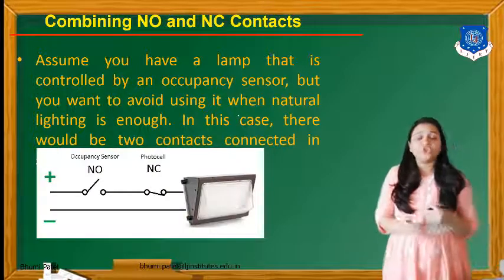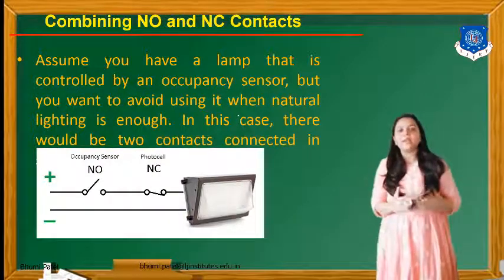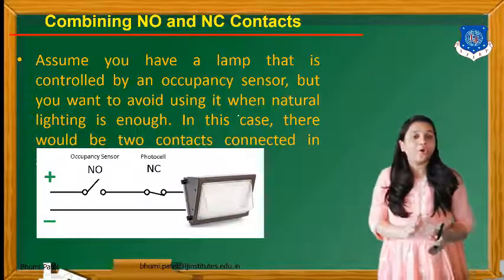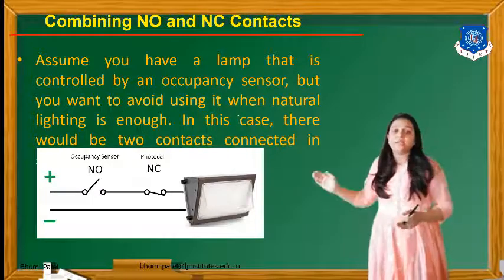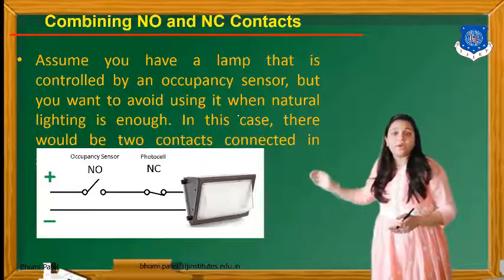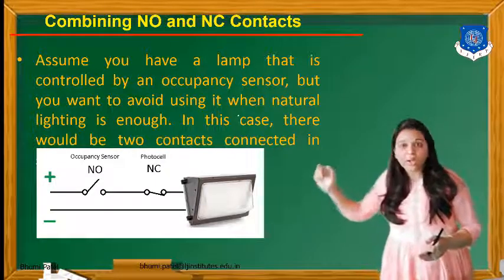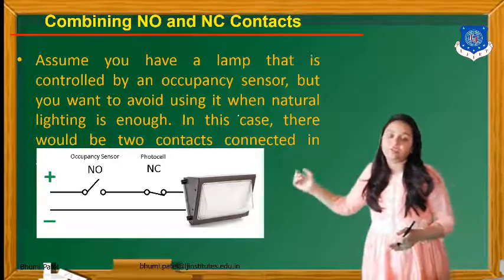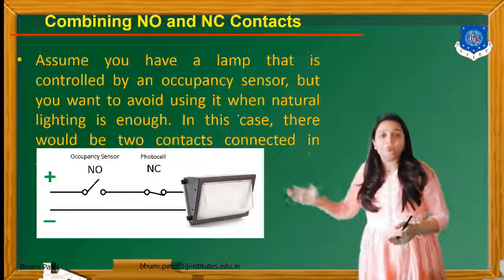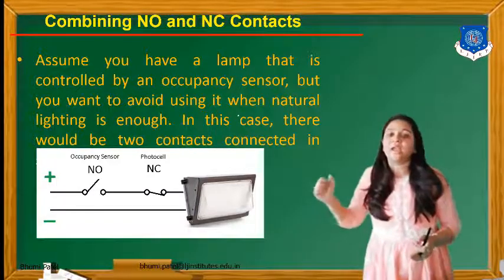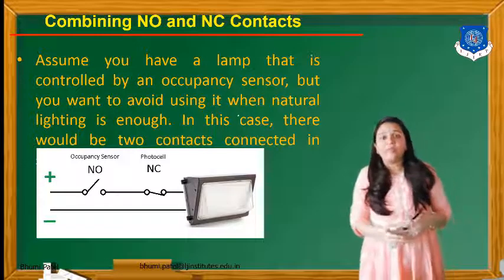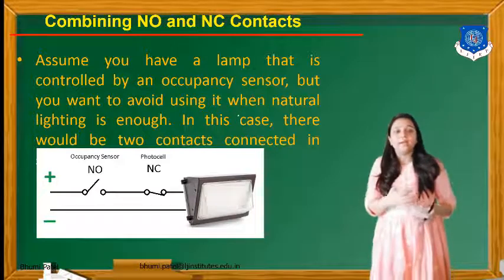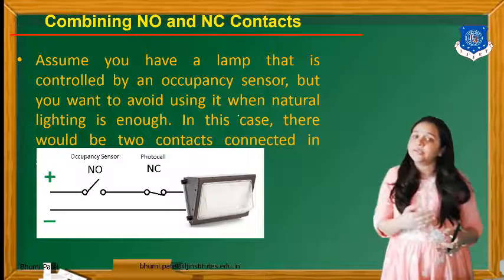This is an actual practical example where we use both normally open and normally closed contacts. Here you can see that we connect the normally open contact for the sensor and the normally closed contact for the photocell, and according to this switch we get the output. Whenever the natural light is enough to turn on the lamp, we do not connect the sensor.